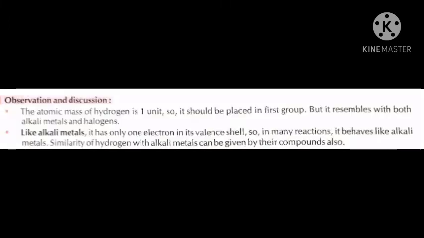The atomic mass of hydrogen is 1 unit, so it should be placed in the first group, but it resembles both alkali metals and halogens. Like alkali metals, it has only 1 electron in its valence shell, so in many reactions it behaves like alkali metals. Similarity of hydrogen with alkali metals can be shown by their compounds also.